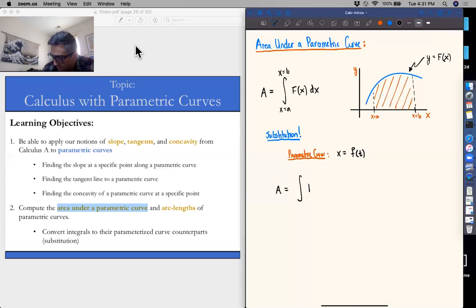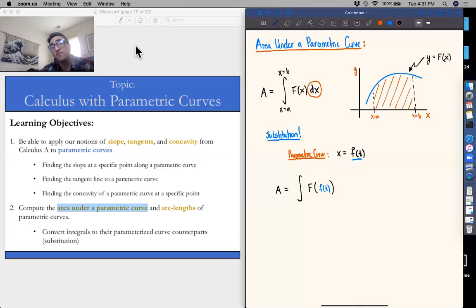So I have capital F of this little f of t. Now the next question that we have, because that capital F is now ultimately a function of the variable t, is we need to change what we're integrating with respect to. So we need to change that dx into something with respect to dt.